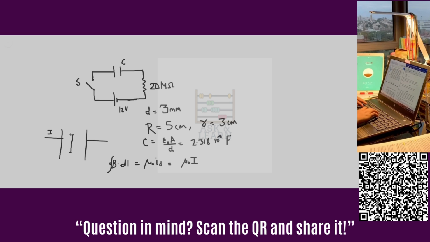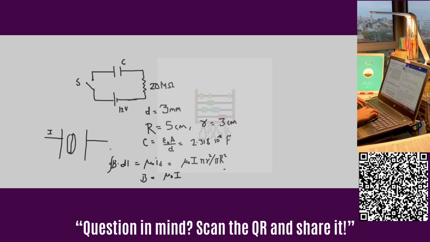However, the current is flowing only through this much of radius, so we have to take care of the area. That proportion is pi r squared, the area of that section, divided by the area of the entire plate. So B, the magnetic field in this case, is given as mu naught times the current I flowing in the wires at the given time t, and pi and pi get cancelled out.